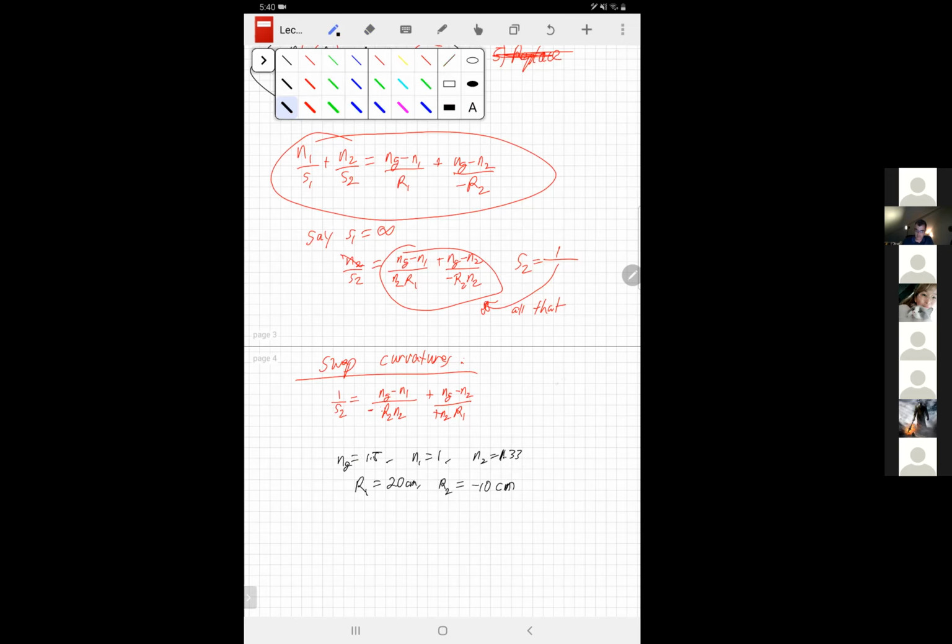So that the lens looks something like that, more bulging on the right. Case 1.